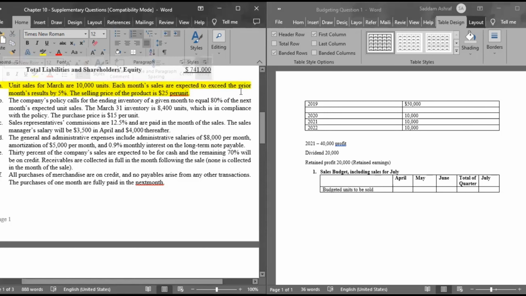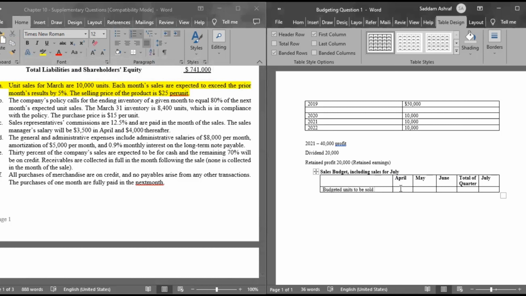He is saying unit sales for March are 10,000 units. So we will write down here that in March, we sold 10,000 units. After that, each month's sales are expected to exceed the prior month's results by 5%. It means that every month, the sales will increase by 5%.